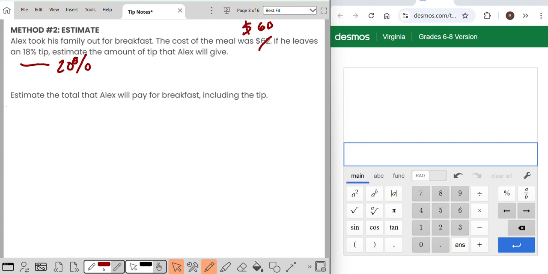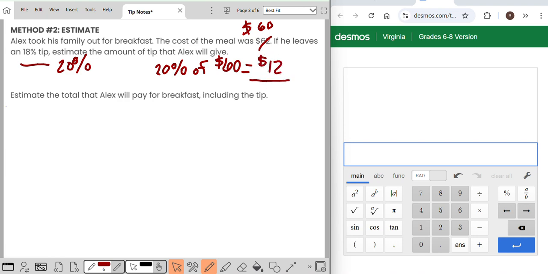All right, so now we want to estimate the amount of the tip that Alex will give. So we're going to write that out as 20% of $60 is equal to $12.